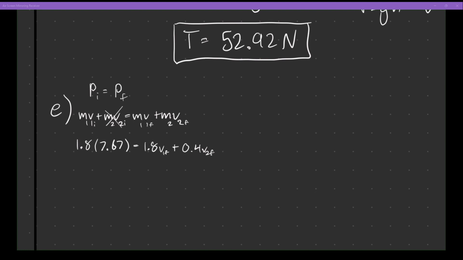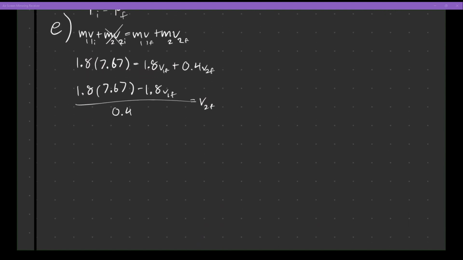In my work I'm going to isolate for v2f because I'm trying to solve for v1. So 1.8 times 7.67 minus 1.8 v1f, and then I divide by 0.4 to get v2f. Simplifying this down to make it easier for later, it's just 34.515 minus 4.5 v1f equals v2f.